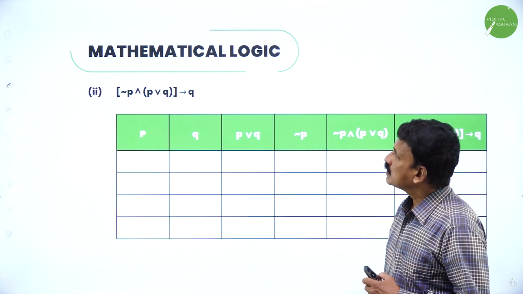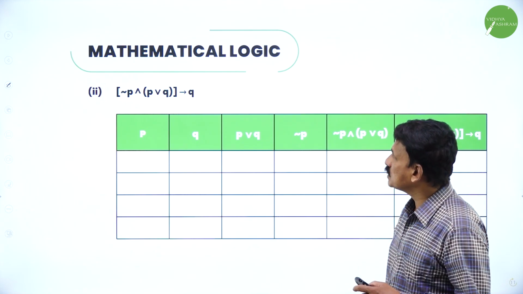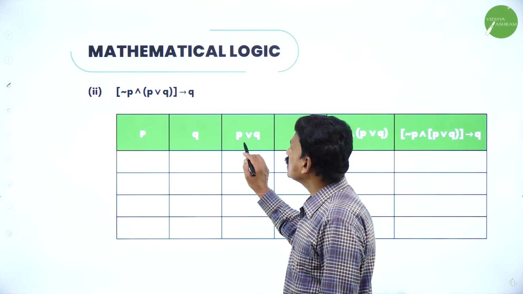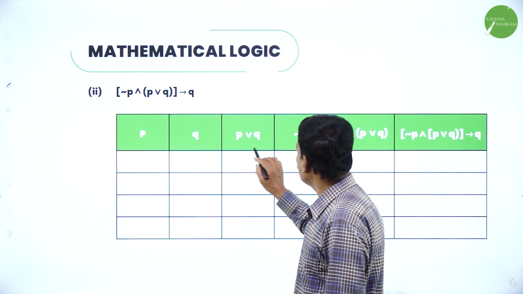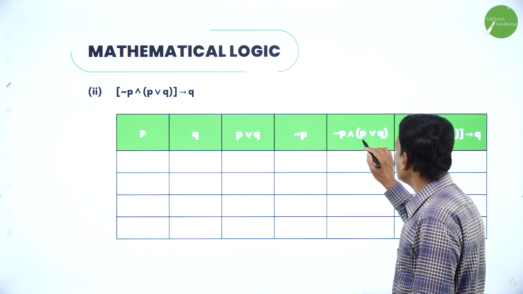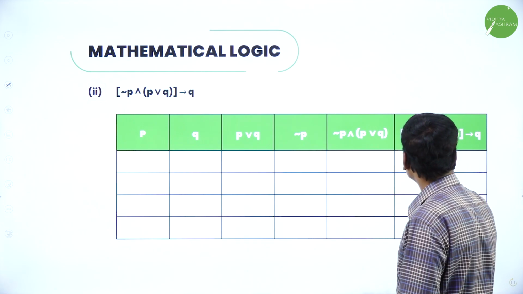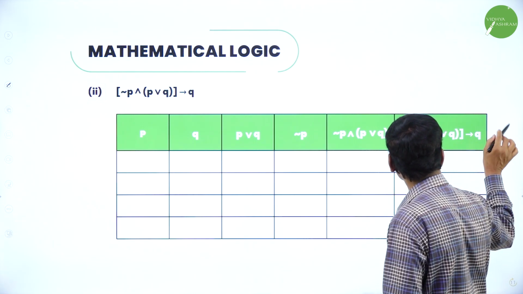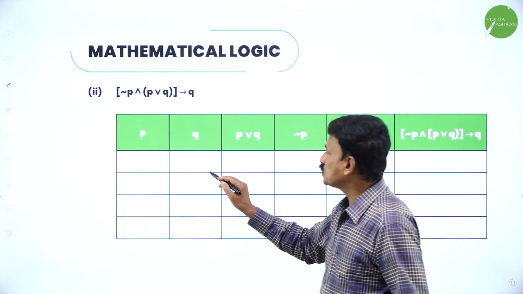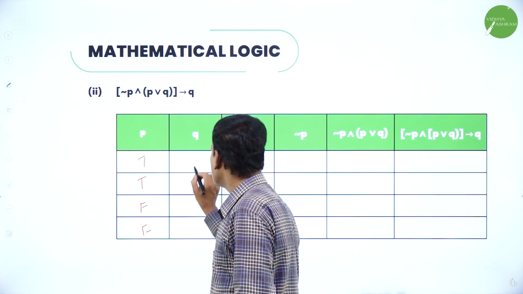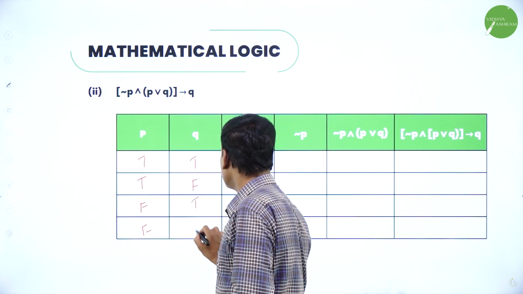Let us take negation of P conjunction P disjunction Q conditional to Q. So, let us split P, Q, then P disjunction Q, negation P, negation of P conjunction P disjunction Q, and the entire negation of P conjunction P disjunction Q conditional to Q. As we know, the truth values for P and Q are true, true, false, false and true, false, true, false.